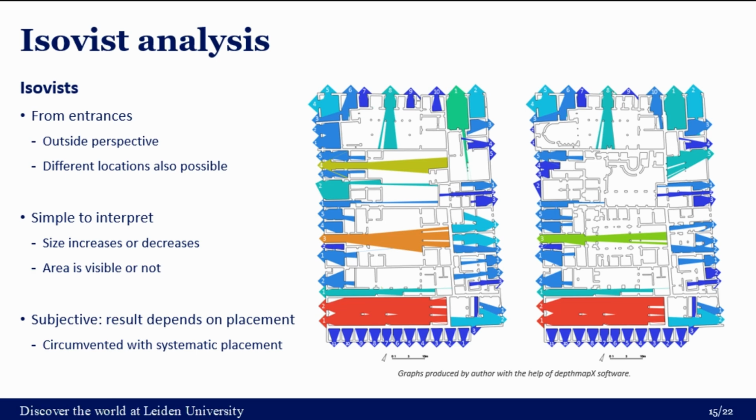And if there are elements or parts of the building you're interested in, are they visible or not from the street? Now, the disadvantage of this method is that it is relatively subjective because you place the isovist yourself. There's no guidance. So if you want to do it in an objective way, you really have to systematically place them and have good arguments.